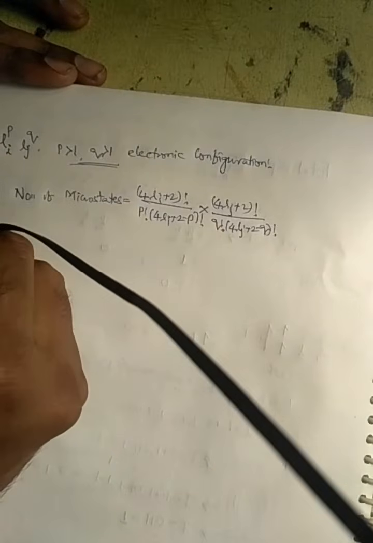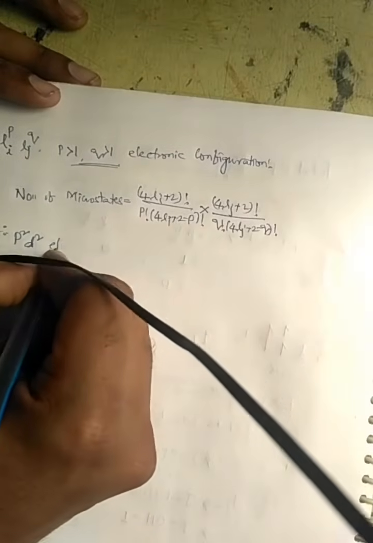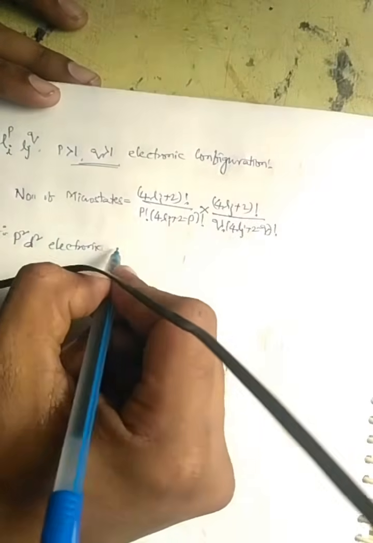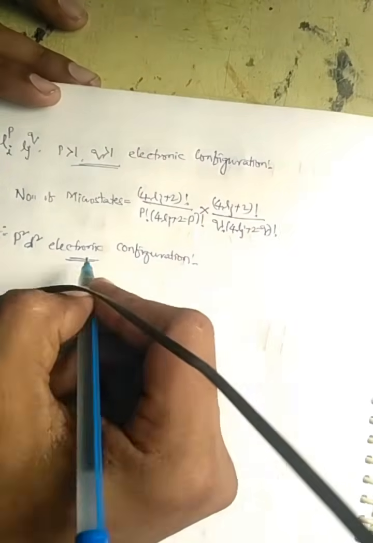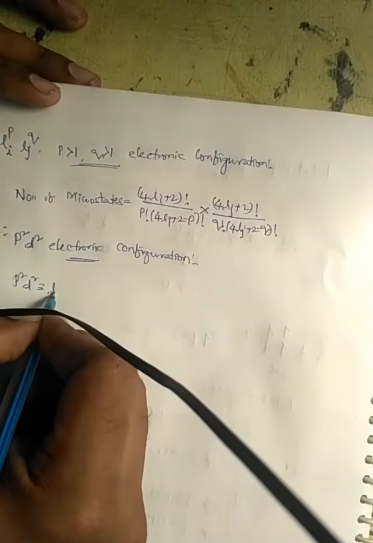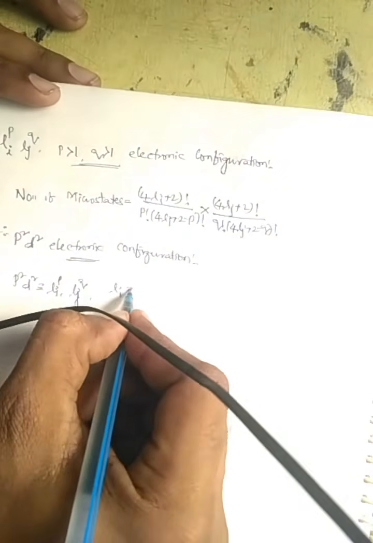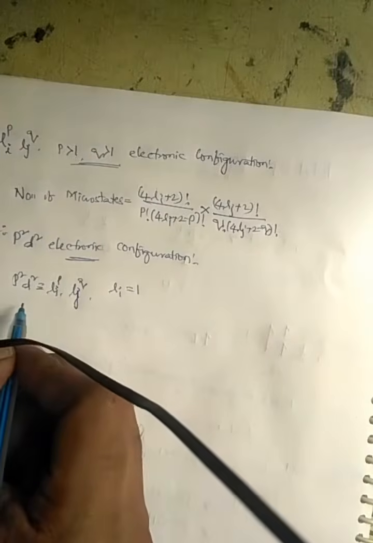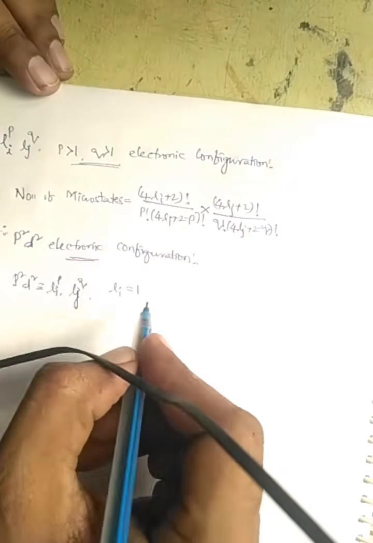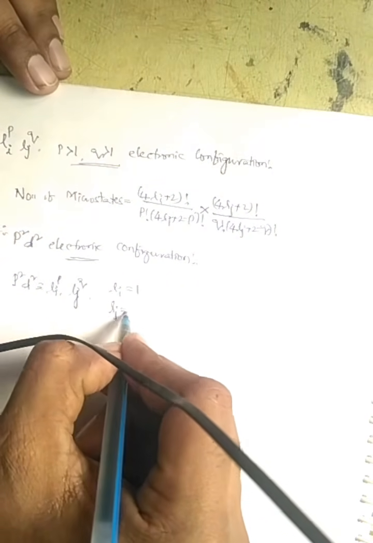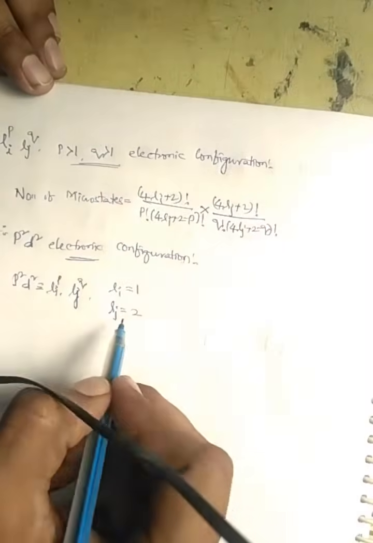Coming to an example, here we can take the P2D2 electronic configuration. When we compare the P2D2 electronic configuration with Li to the power of P, Lj to the power of Q, the Li value will be equal to 1 with respect to the P2 electronic configuration, as the P orbital azimuthal quantum number is 1, and the Lj value will be 2 with respect to the D2 electronic configuration, as the D azimuthal quantum number is 2.